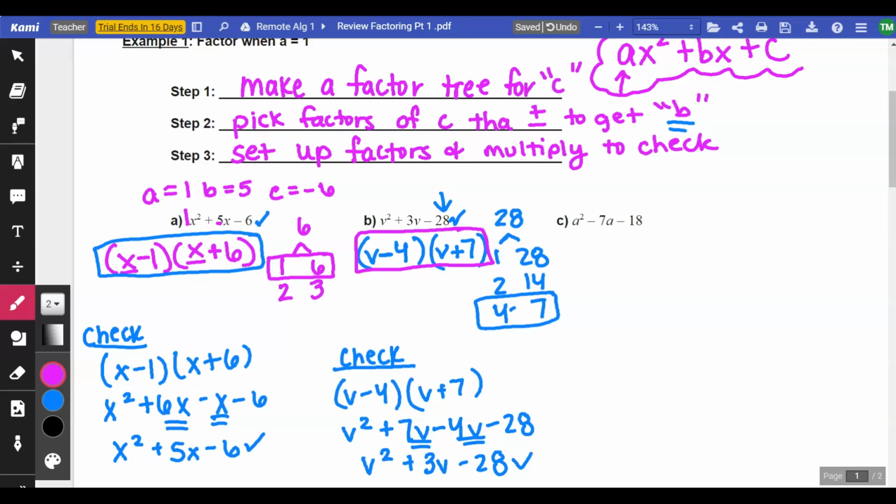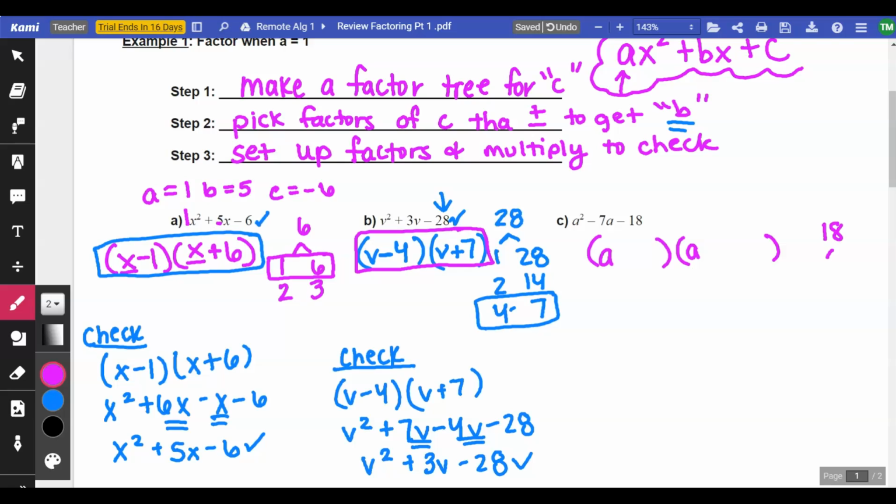Go ahead and try example C on your own. a squared minus 7a minus 18. All right. So what times what is a squared? a times a.